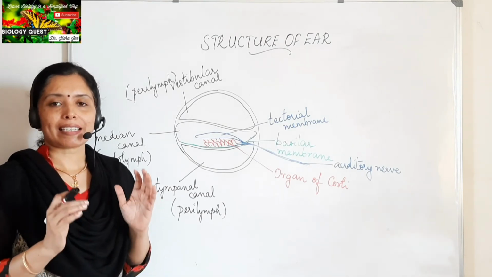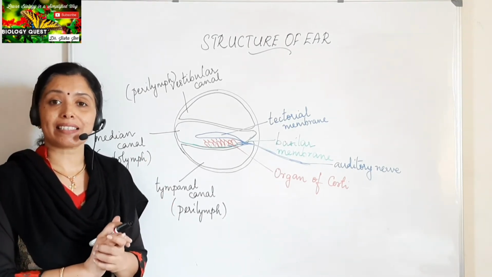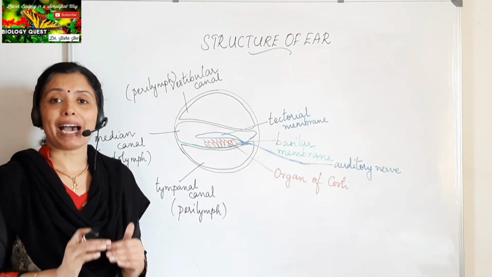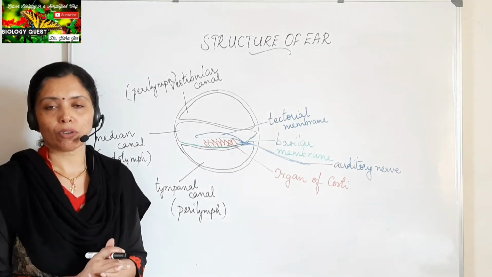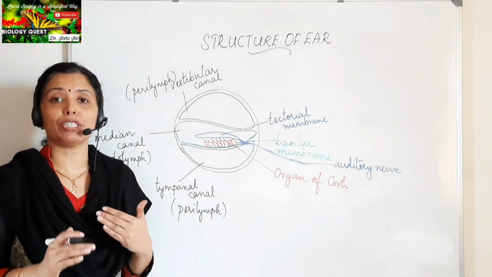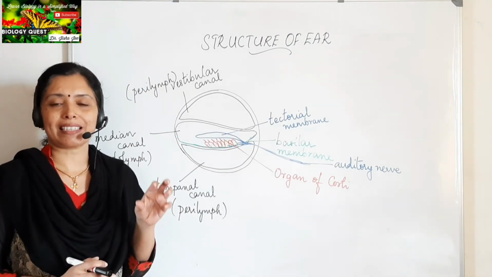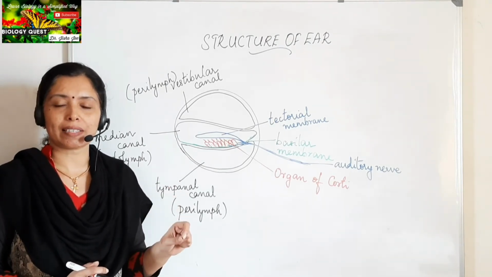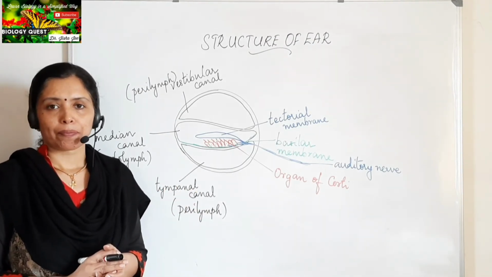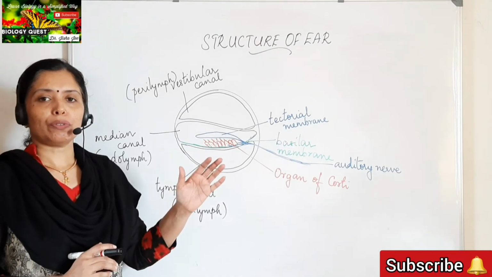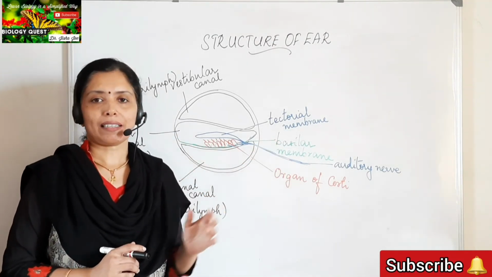This expanded region, the ampulla, contains the sensory cells which help us in balancing our body when the body is in motion. When we are moving, we are able to move without falling due to the sensory cells present inside the ampulla of the semicircular canal. So that is how the semicircular canal helps in balancing the body.